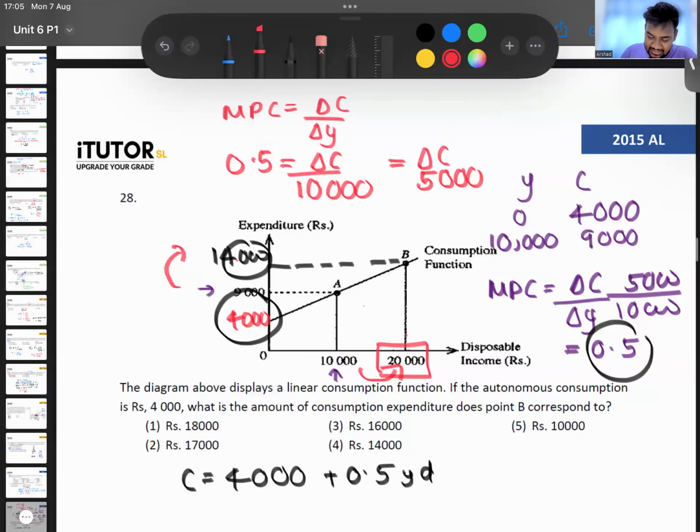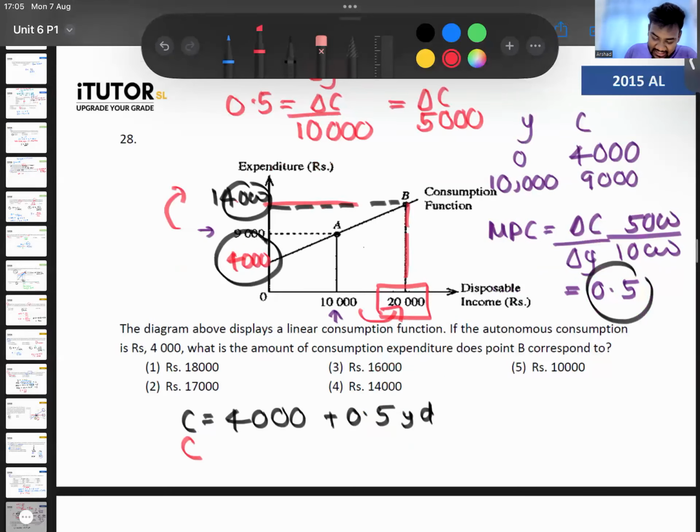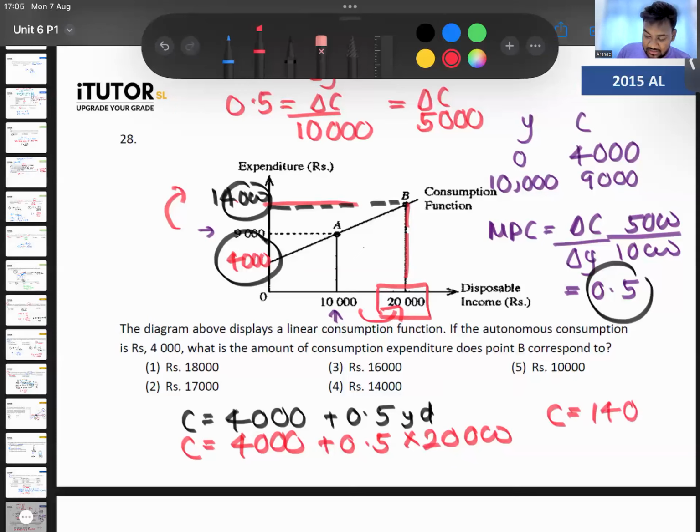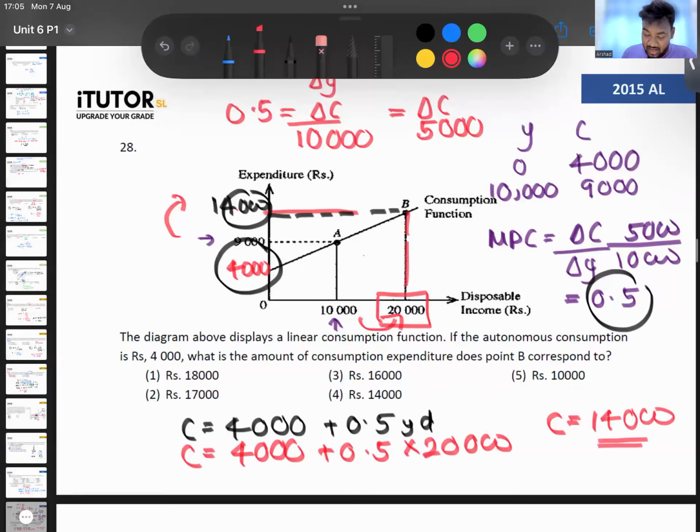That's what you have to find. C is equal to 4,000 plus 0.5 into 20,000. That is equal to 4,000 plus 10,000, since 0.5 times 20,000 is 10,000. So C is equal to 14,000. Either way, you will get the same answer.